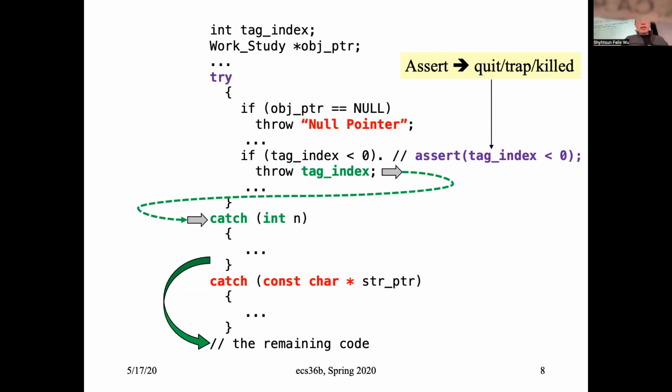I also mentioned last time that if you have a throw statement in the middle somewhere, even that throw statement was there not by you, but by the code you try to include in your executable, and if you don't have the corresponding catch statement to catch that, then you're going to generate a runtime error saying that there is an uncaught exception.